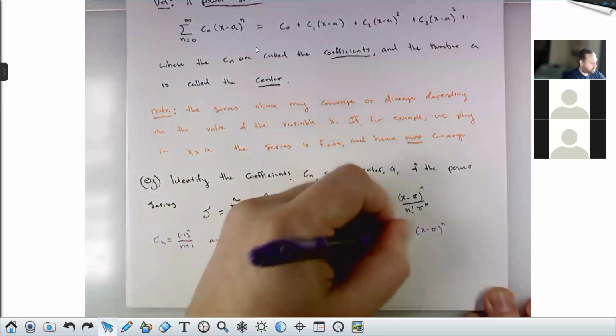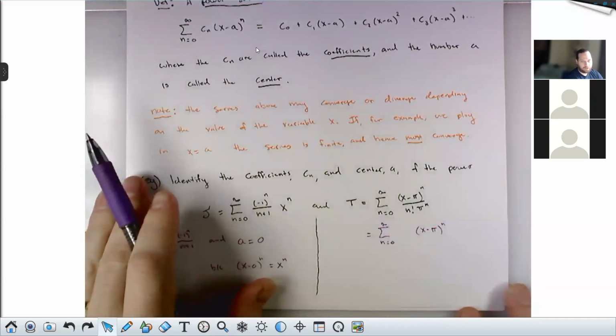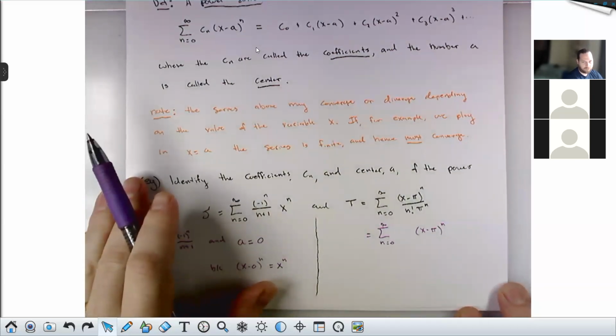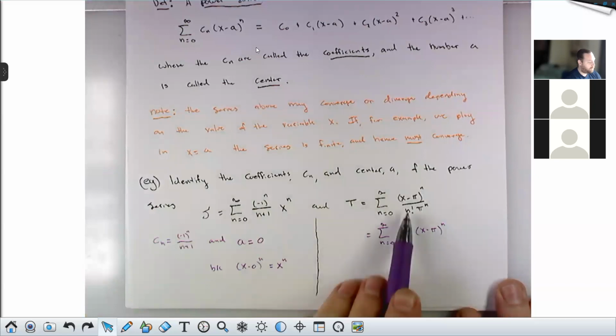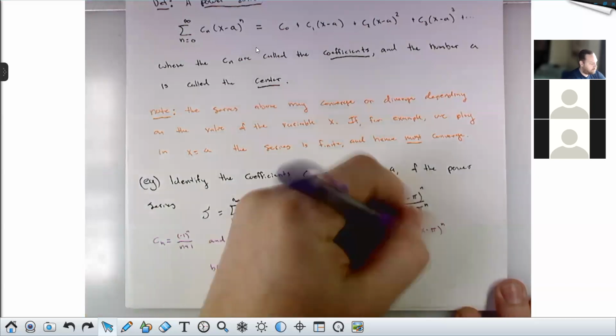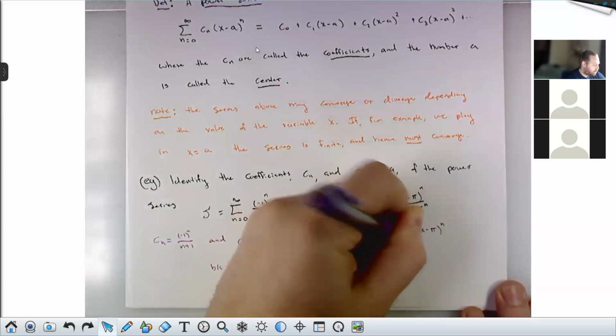And then what's left over? What becomes of the n factorial and pi to the n? Well, they were downstairs here. So this would be 1 over n factorial pi to the n.